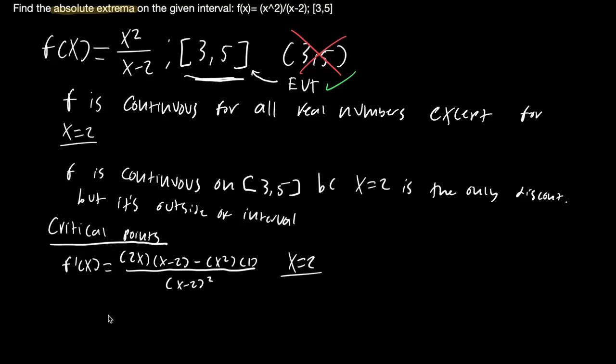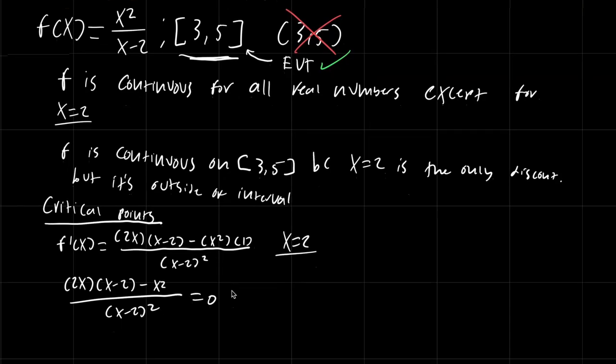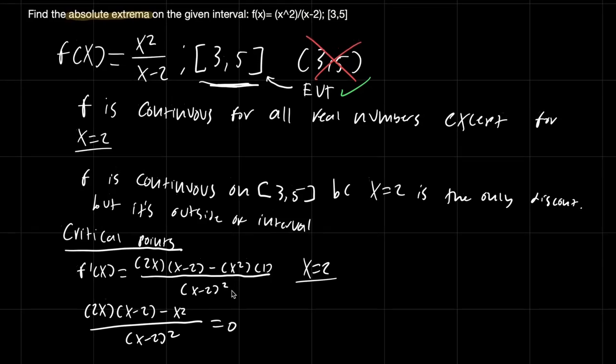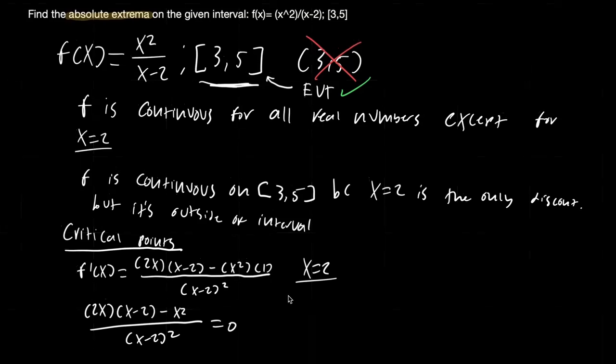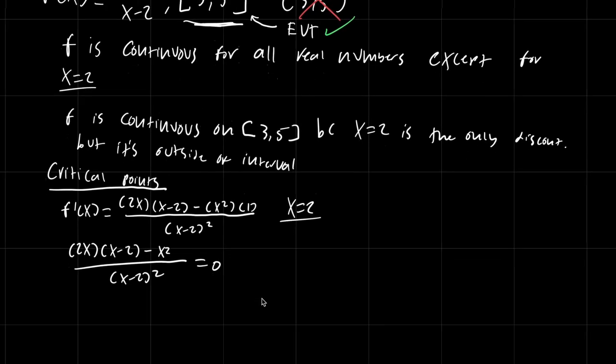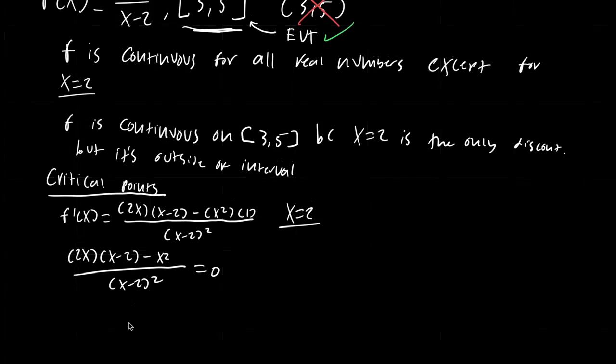And then to find the rest of our critical points, we set this derivative equal to 0. So let's do that. Kind of running out of space, but whatever. We can just scroll back. Just do some algebra. You have 2x(x minus 2) minus x squared equal to 0.